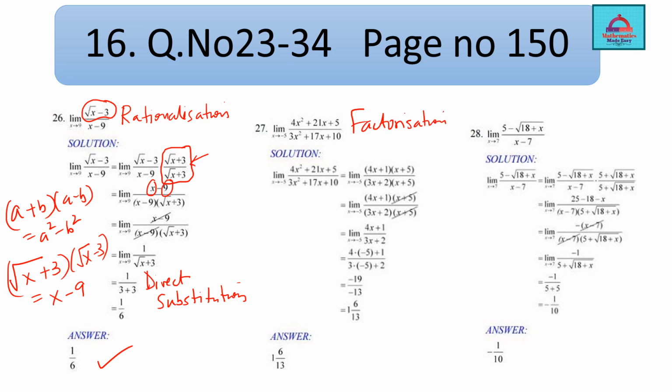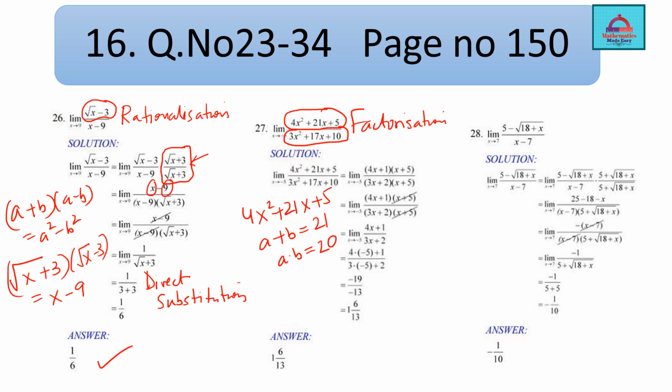factorization again. So you factor the numerator, factor the denominator, and use the concept of middle term splitting. For example, for 4x square plus 21x plus 5, you need two numbers such that the sum is 21 and the product is 20. What are those numbers? Definitely those numbers are factors of 20.